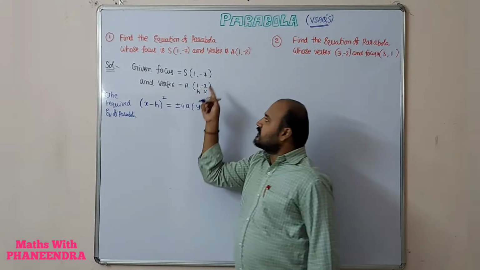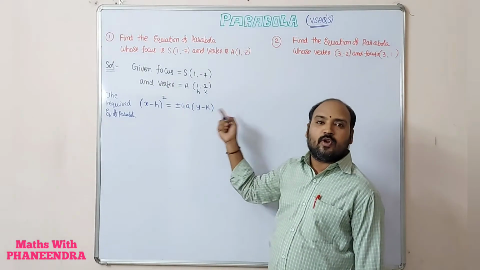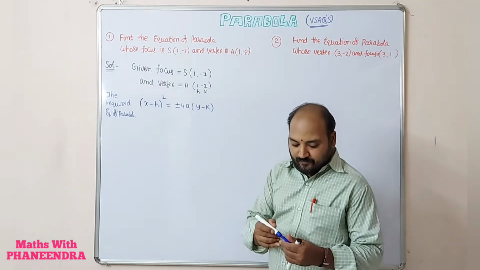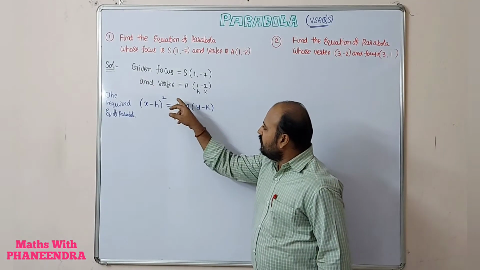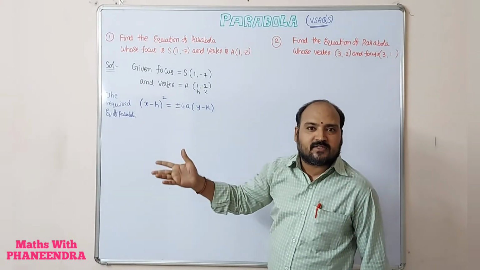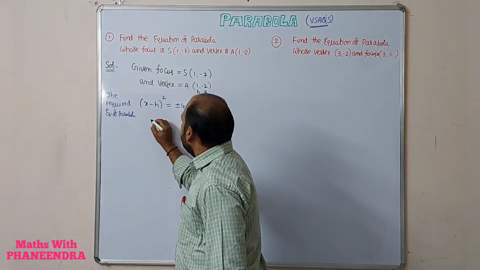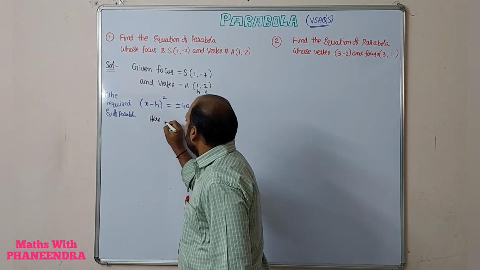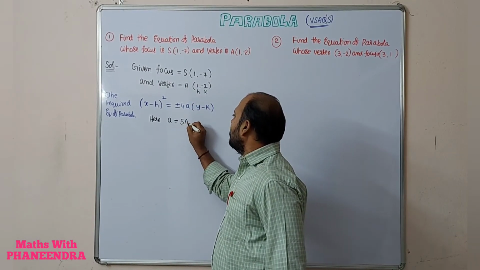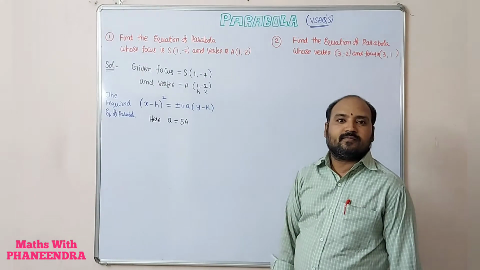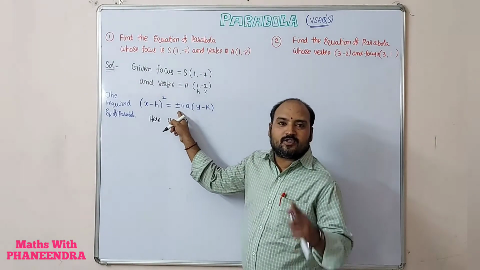Suppose y coordinates are equal in focus and vertex. Then y minus k whole square equal to plus or minus 4a into x minus h. H comma k values are available, and here we need to decide plus and minus, and the a value also. Here small a is equal to the distance between focus and vertex, SA, and the deciding factor is plus or minus.